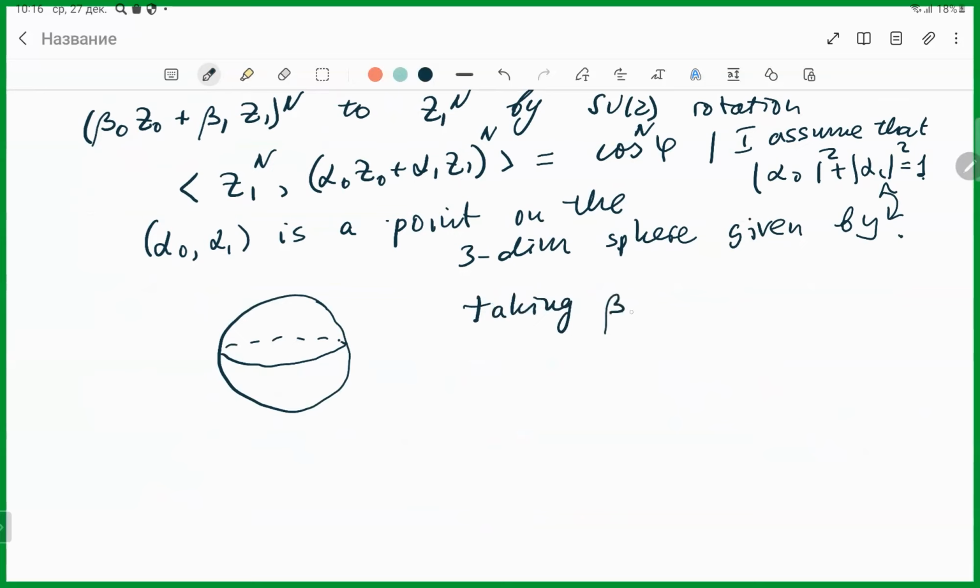Taking beta naught, beta 1 equals to 1, produces me the beta vector, or beta point, and this is the alpha point.